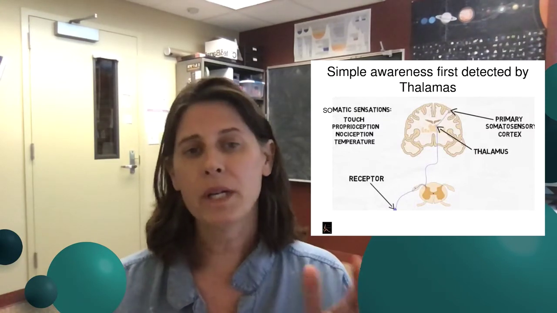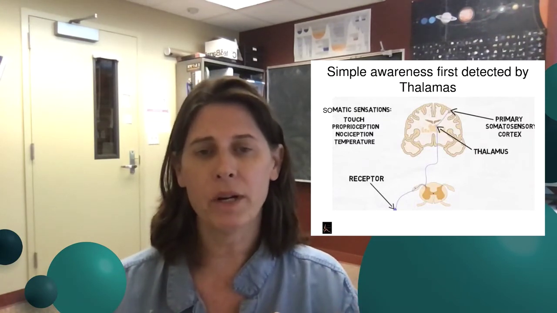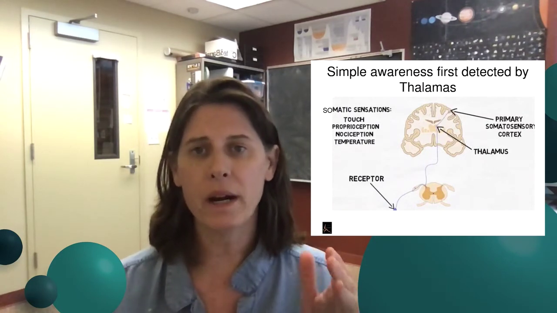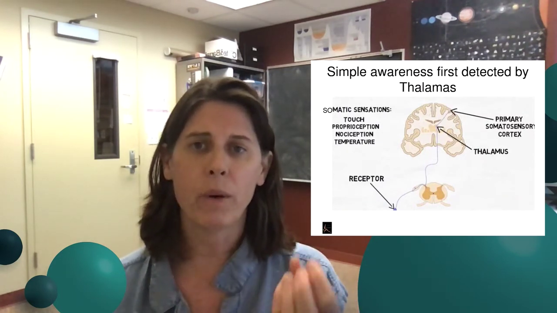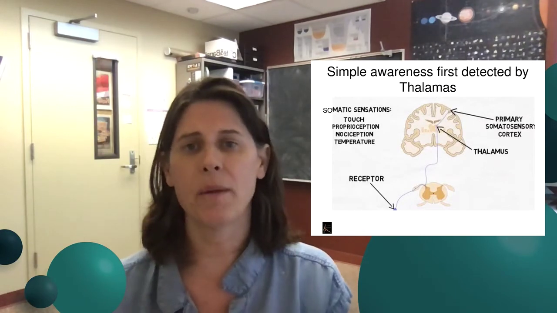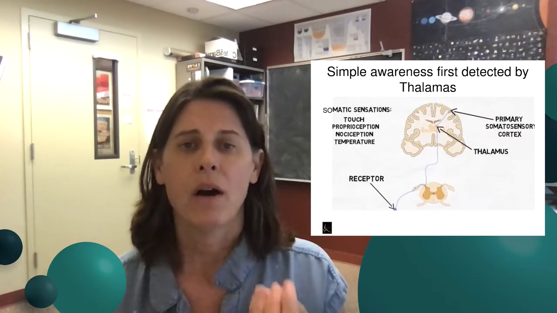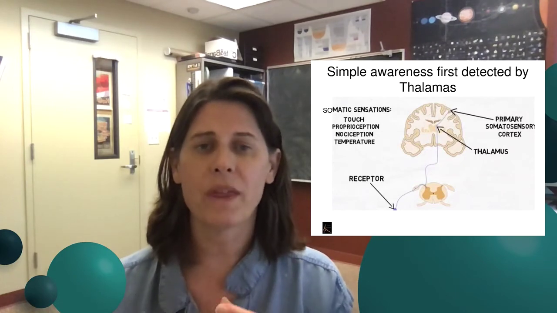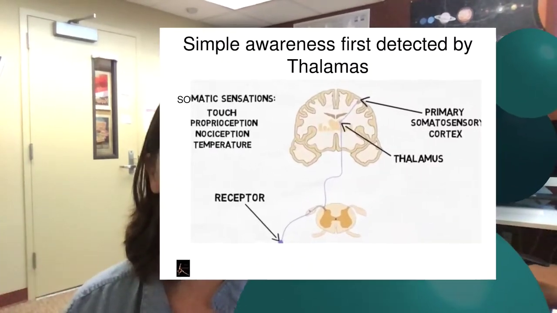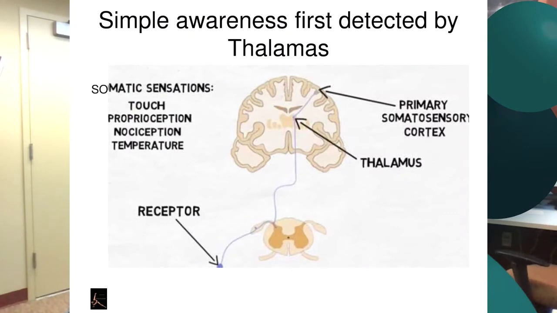So we're going to talk about the thalamus a little later and more in depth, but I do want you to be aware that even when we have simple awareness of the sensory information coming in, touch, pressure, pain, all of that information comes through the thalamus first. What it does is make you aware of the input coming in even before the somatosensory cortex determines exactly what it is.